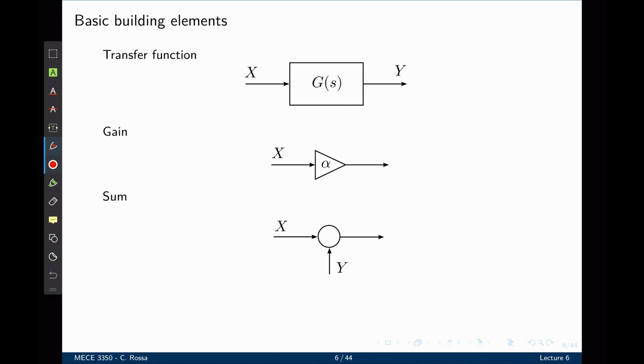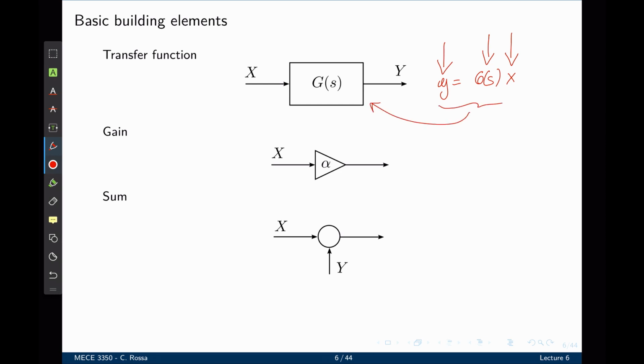When we pass x through that transfer function, we get y, the output. This representation is equivalent to y equals G of s times x, which is the very definition of the transfer function. Output divided by the input is the transfer function. When x is applied to the system, x times the transfer function gives the output y of s. And this operation is represented by this block diagram.